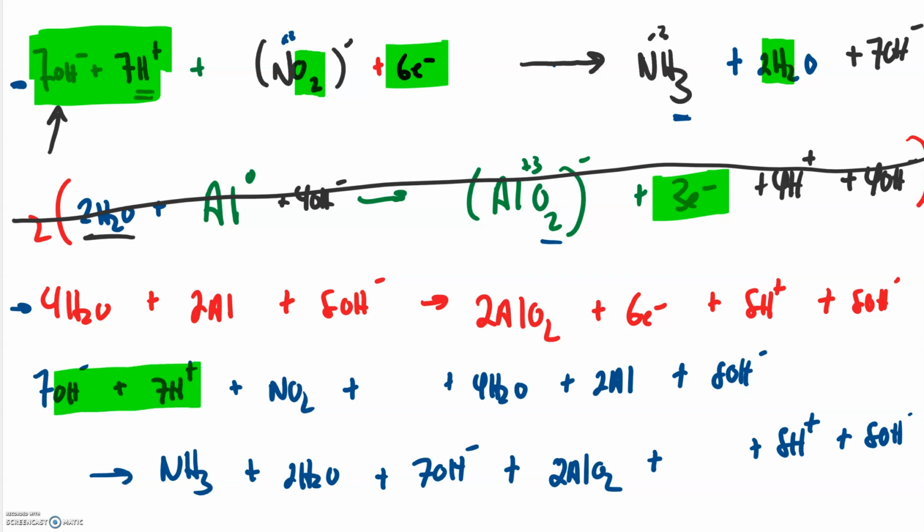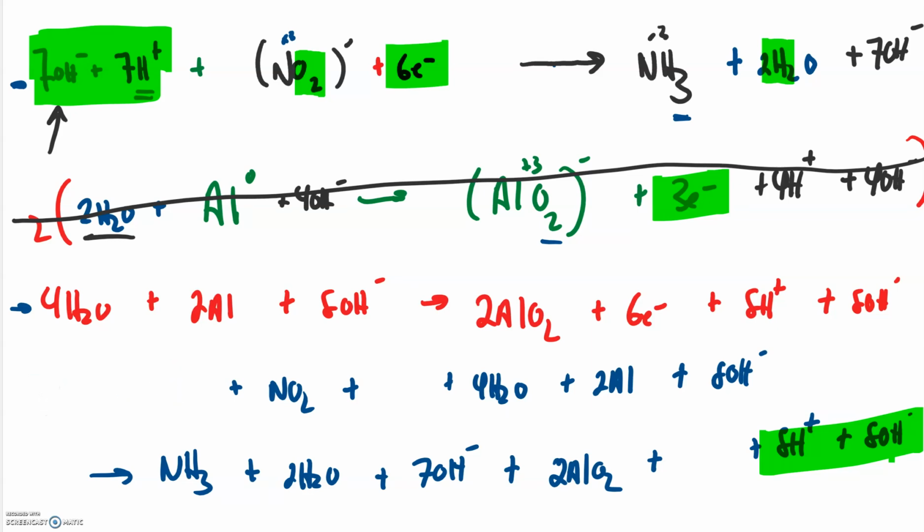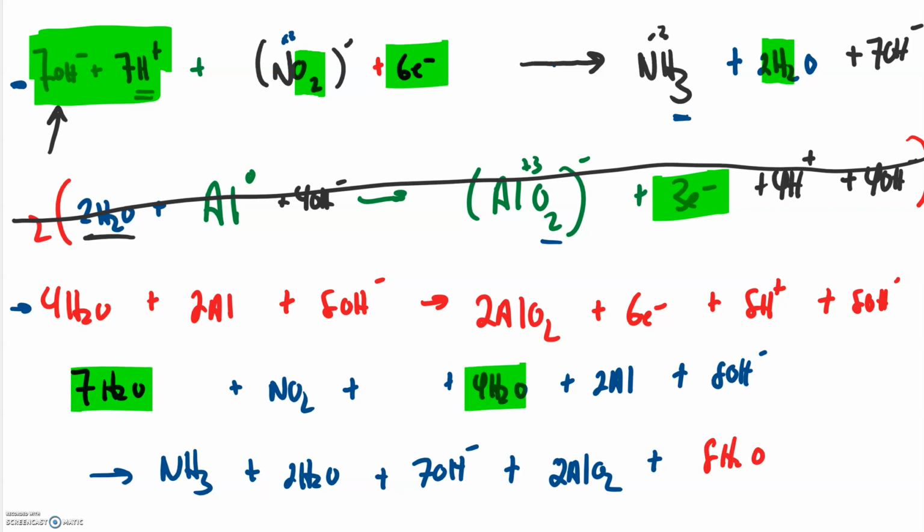Anytime we see a hydroxide next to an H plus, we can combine that to make water. So let's do that. Let's get rid of these guys. This is now 7 molecules of water here, and this is now 8 molecules of water here. And even further, we can combine these 7 with these 4.